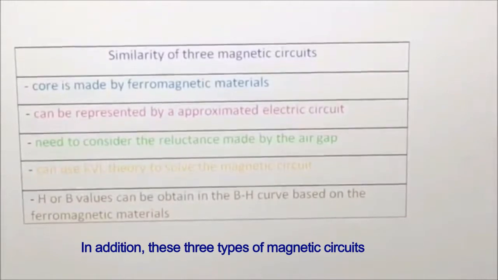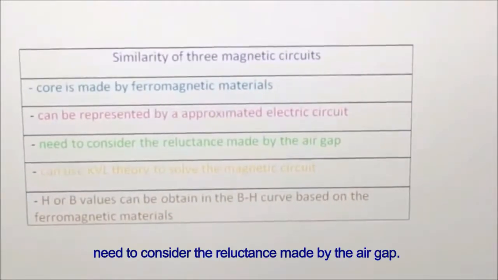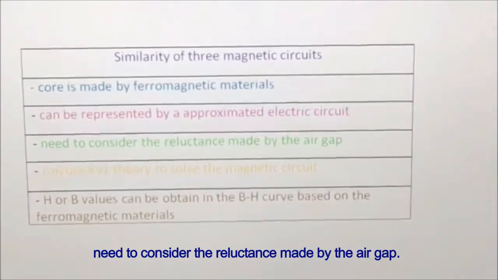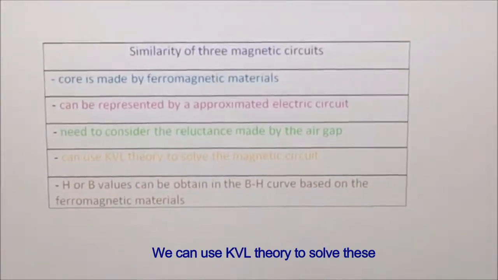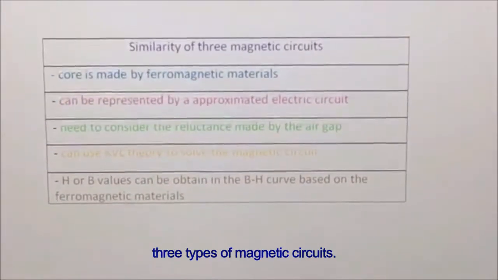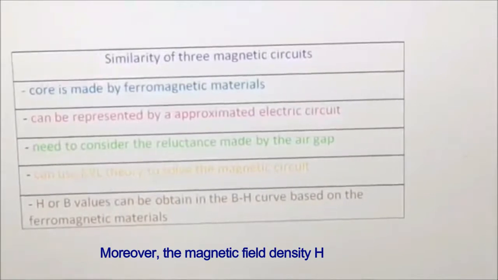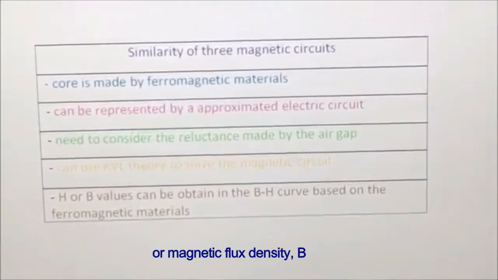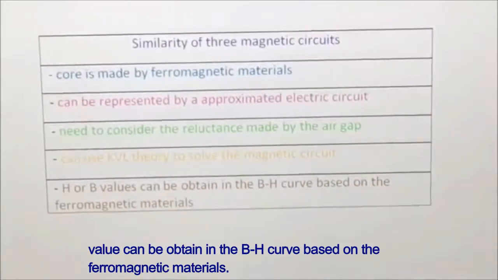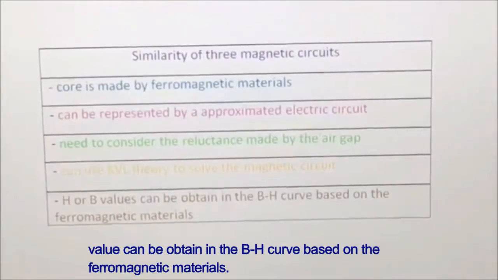In addition, these three types of magnetic circuit need to consider the reluctance made by an air gap. We can use KVL theory to solve these three types of magnetic circuit. Moreover, the magnetic field intensity H or magnetic flux density B value can be obtained in the BH curve based on the ferromagnetic material.